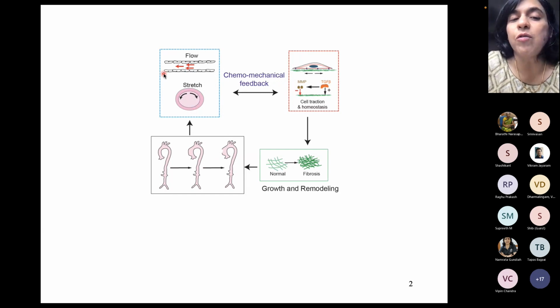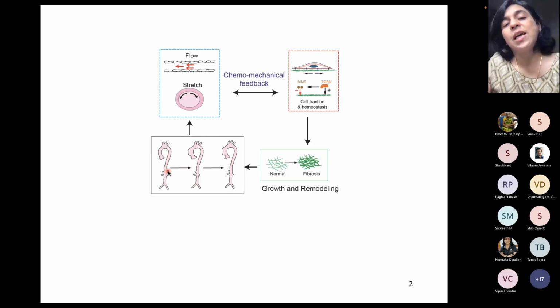We also looked at the flow physics of how flow goes through these very curved pipes, and what the cues are that cause aneurysm to develop typically downstream of this curvature region.